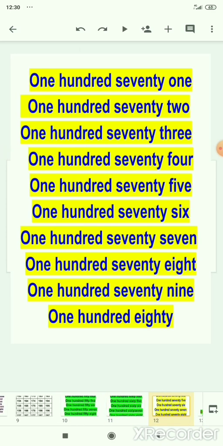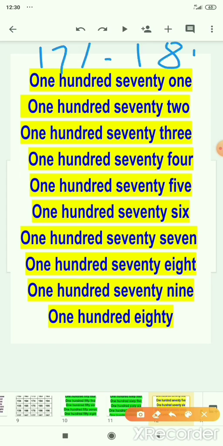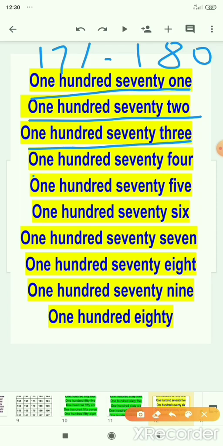So children, in this way we can write number names. We have done number names from 1 to 200. First we did 1 to 50, then 51 to 100, then 101 to 150. Today we have done 151 to 200.